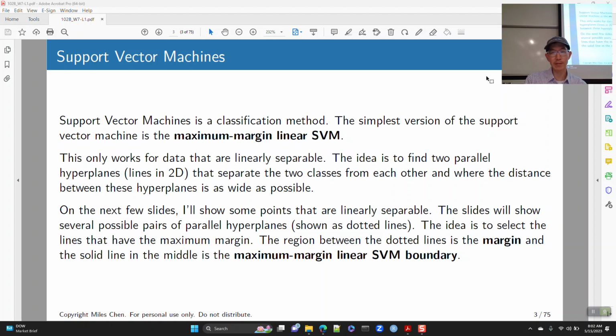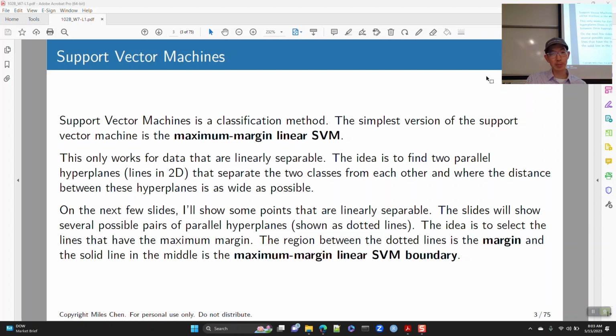And the idea is to find these two parallel lines, or to generalize, two parallel hyperplanes if you exist in higher dimensions. So, in 2 dimensions, you can basically have 2 sides when you draw a line, and then in 3-dimensional space, you draw a plane to separate your 3-dimensional space into 2 areas, and then in higher dimensional space, you draw this hyperplane, okay?